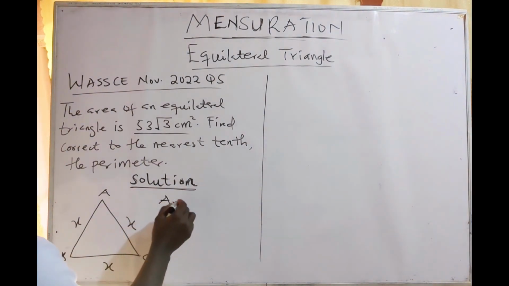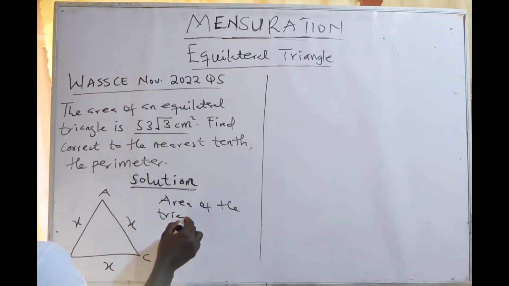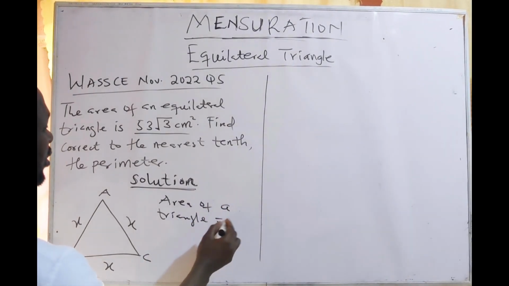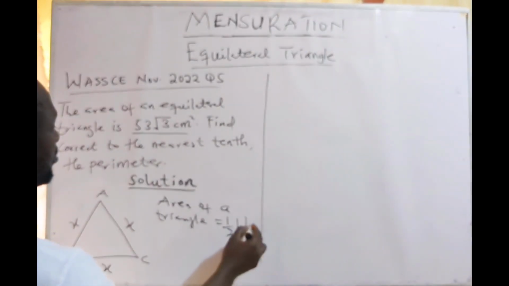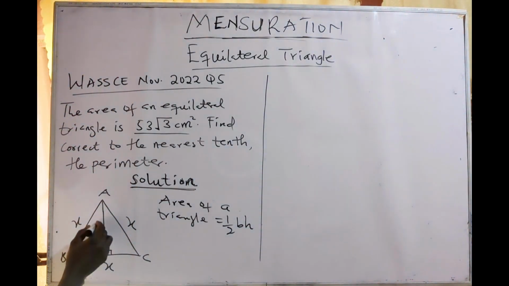So the area of a triangle is half base times height. What is my base? x. And then I need to know my height, perpendicular to the base. So let's say my height is h.